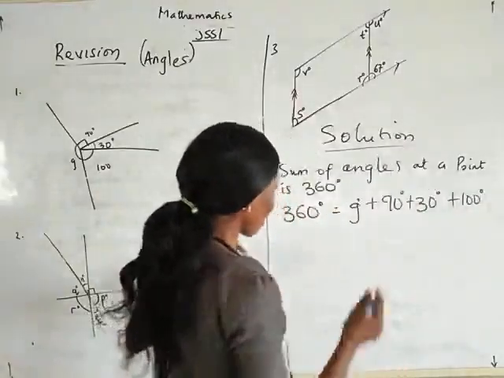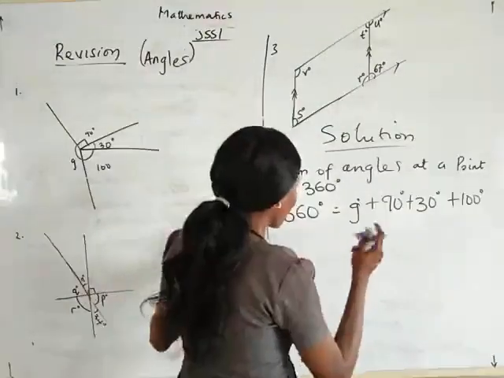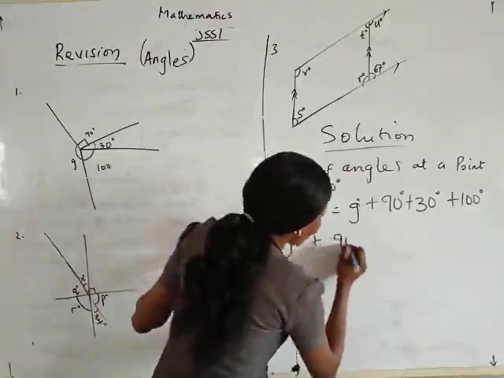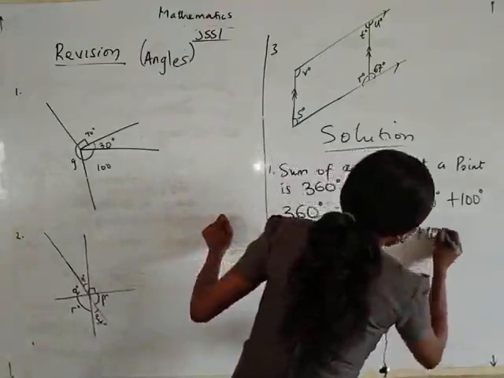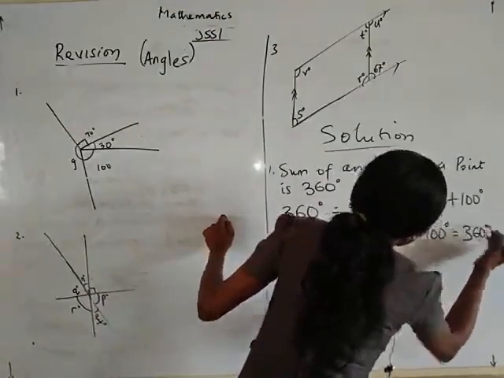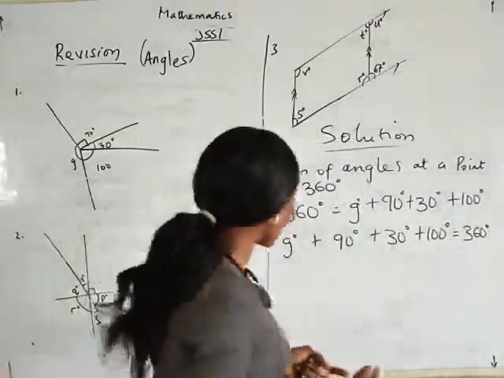Or you can put it this way, if you are a bit confused: G degrees plus 90 degrees plus 30 degrees plus 100 degrees equals 360 degrees. It's still the same thing. Whether I say A plus B or B plus A, you're still correct.